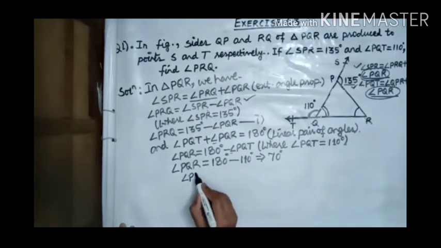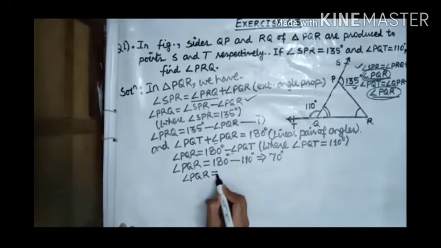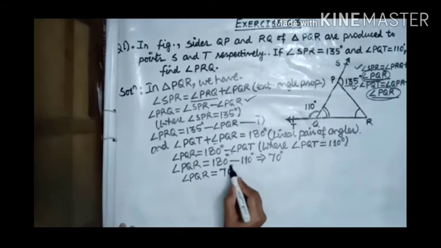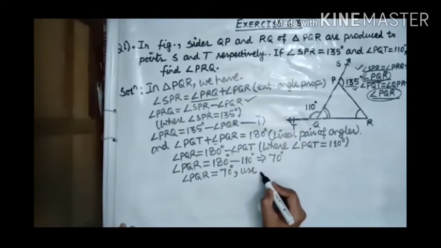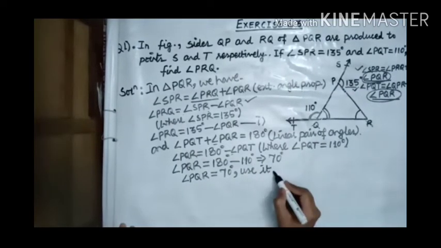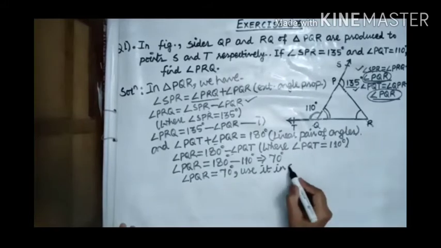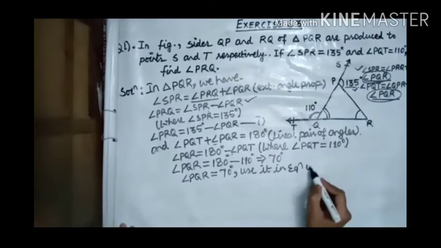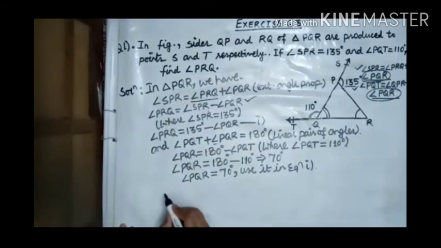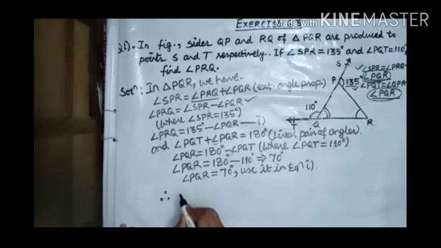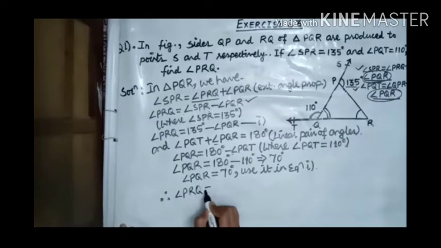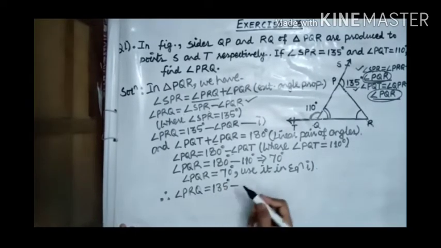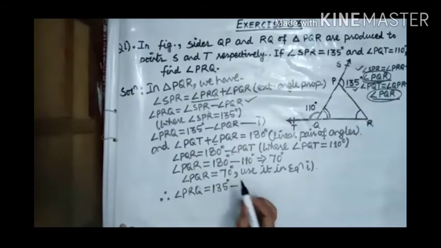Let's use this value of angle PQR in equation first. Therefore, angle PRQ becomes 135 minus PQR, we use 70 degrees.